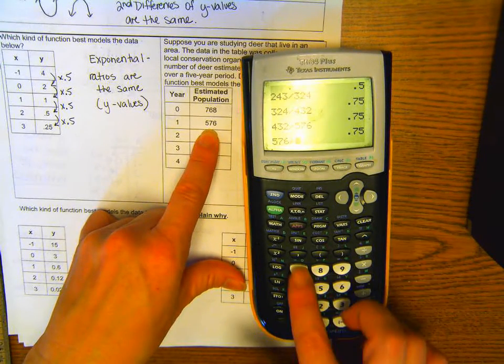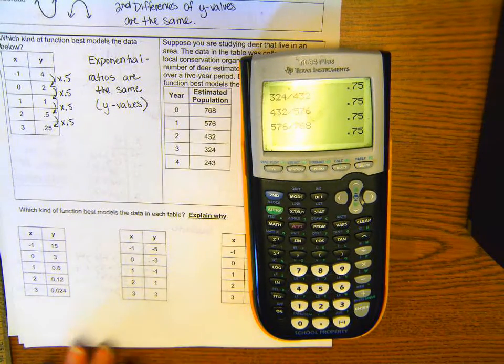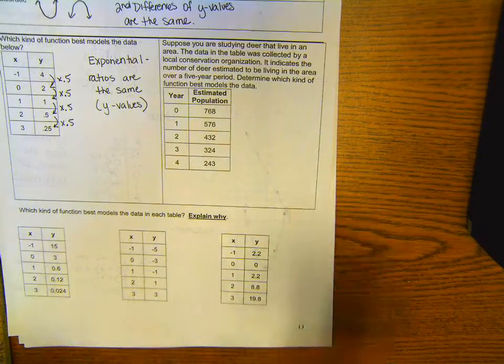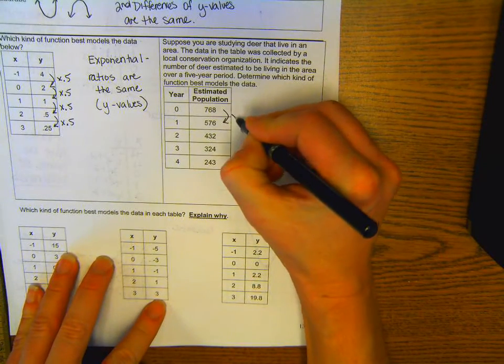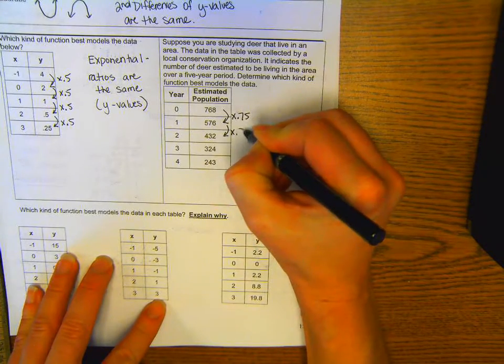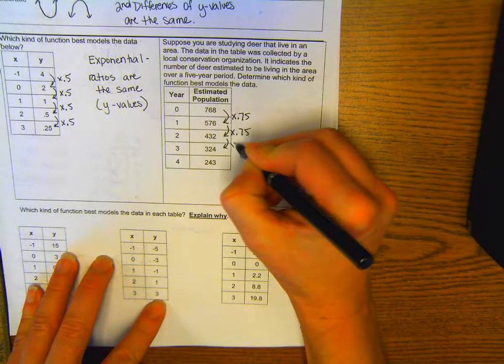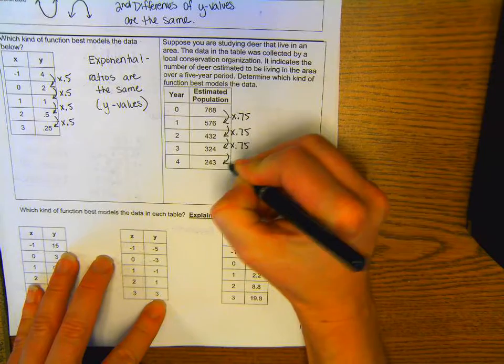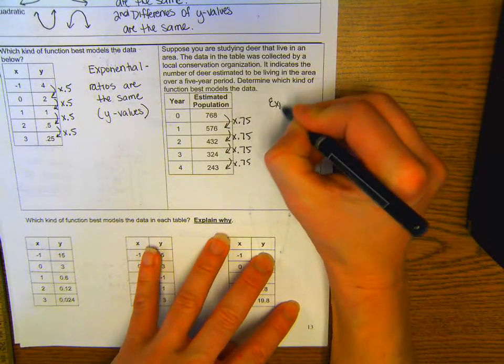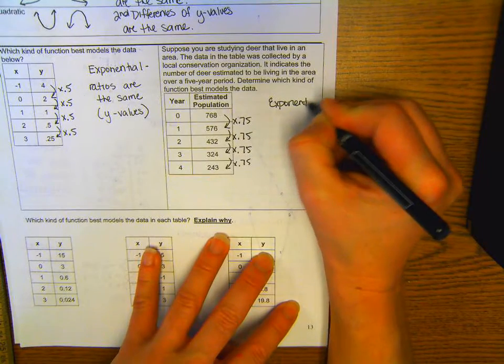So, what kind of data is this? Good. Okay. So, I'm going to write what I got. I got times 0.75, because when I divided, that's what number I got. And then I'm going to write exponential.